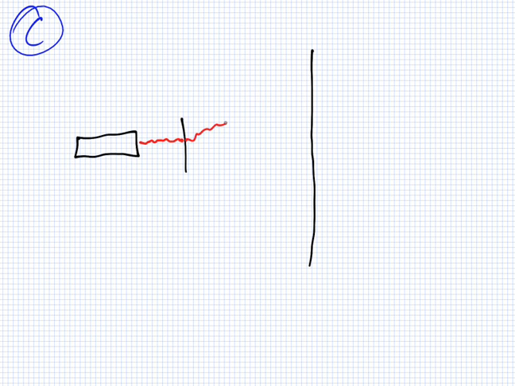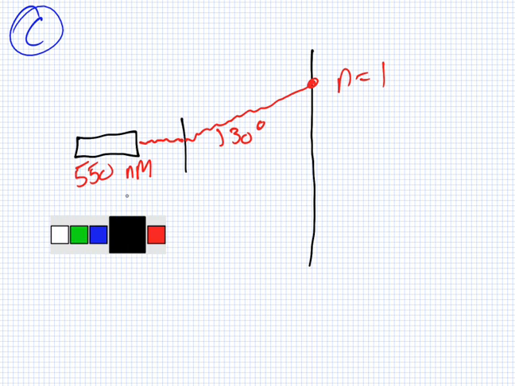The angle for the first is 30 degrees. n equals 1, this angle is 30 degrees, and it's 550 nanometers. The light source is then replaced by purple light, which has a different wavelength, and so on. What is the spacing of the lines in the grating?